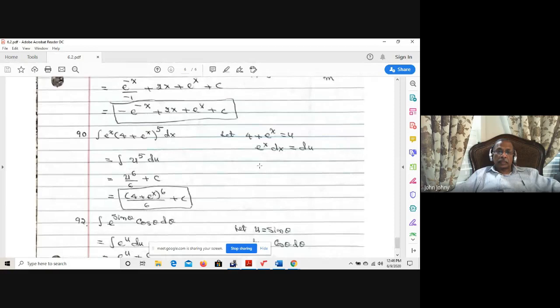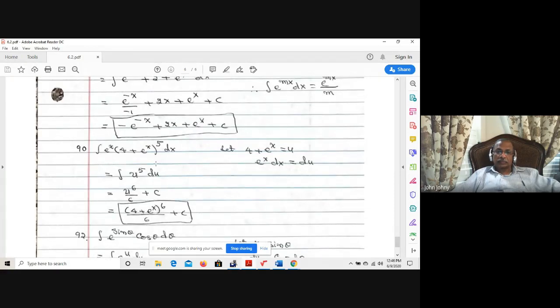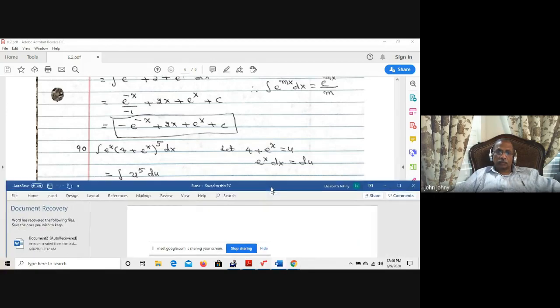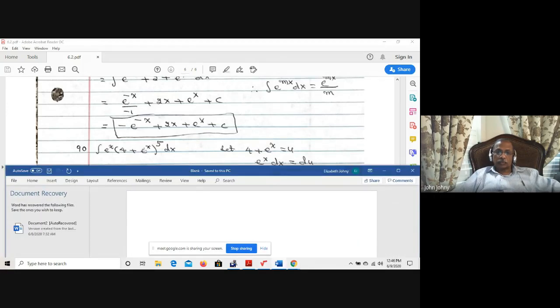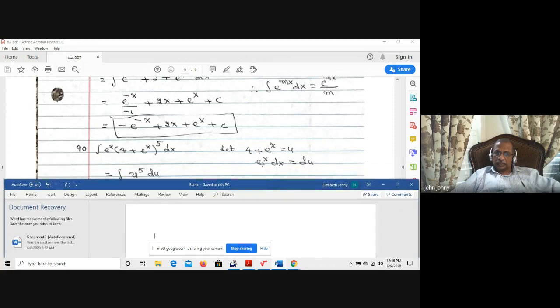Okay. Next, number 90. Here again, you do a substitution. u is equal to 4 plus e to the x. Differentiate both sides with respect to x. We get e to the x dx is equal to du. So replace e to the x dx by du. 4 plus e to the x is u.